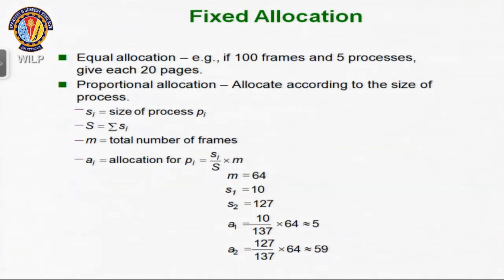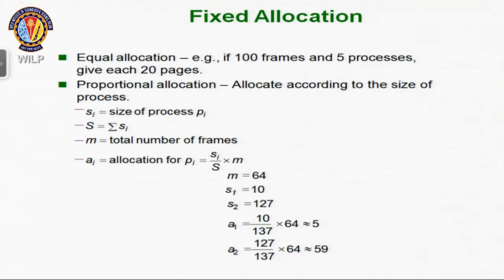Let's assume that s_i is the size of a process p_i. Then we compute capital S, which is equal to the summation of all the process sizes, and M is the total number of frames. We then calculate the allocation in a proportional manner, which is s_i divided by the total size of all the processes, multiplied by M.